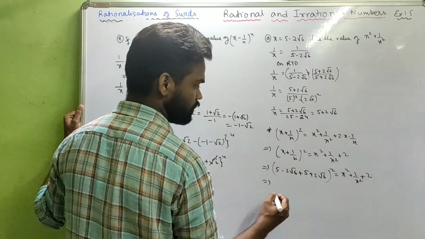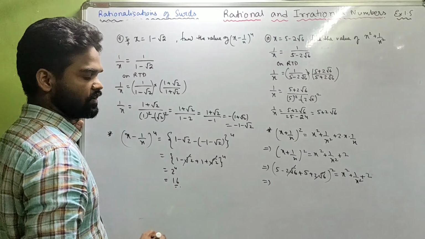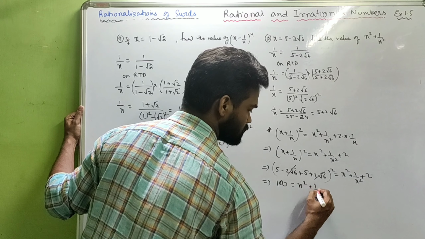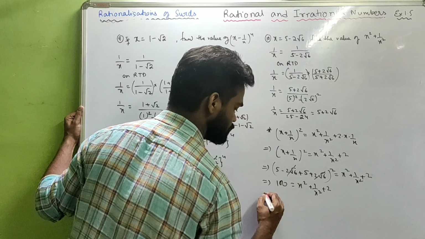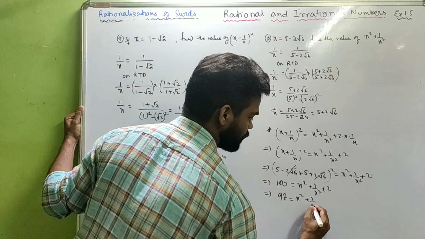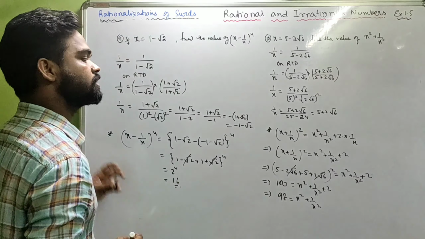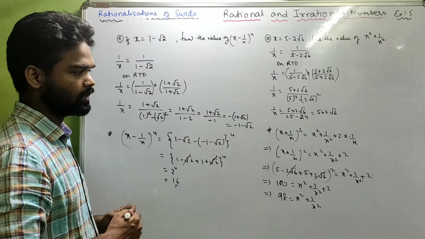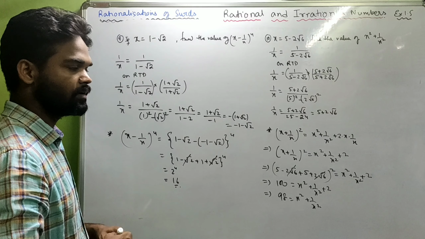Now this is 5 plus 5, 10. 10 square is 100. So 100 equals x square plus 1 by x square plus 2. 2 comes over here. 100 minus 2 is 98. So x square plus 1 by x square is nothing but 98. Clear? Now let us look at the next sum.